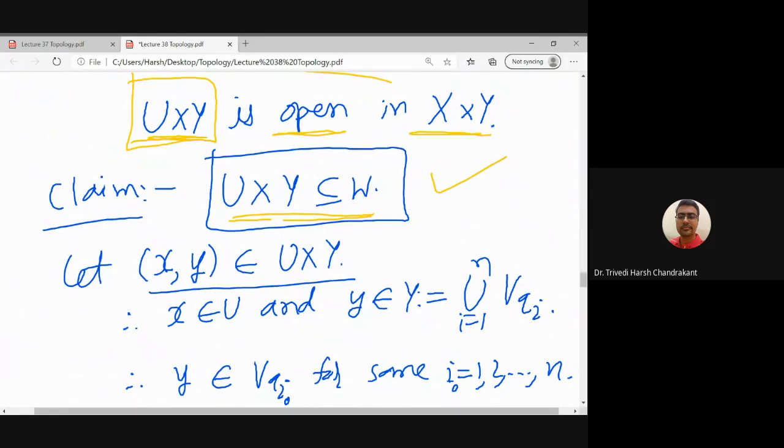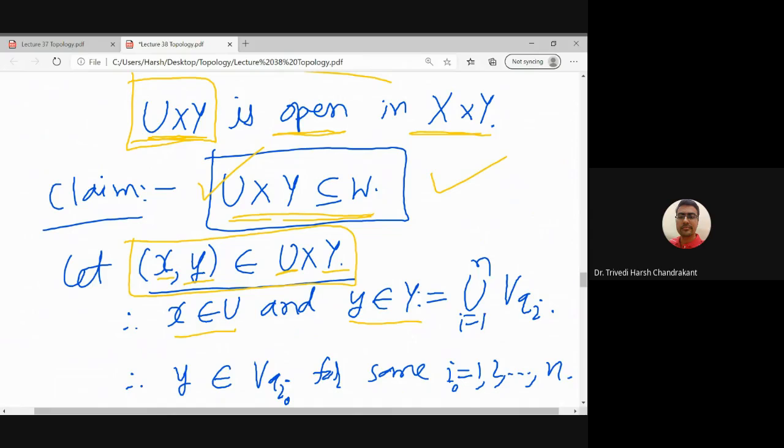And so basically we are proving one set is a subset of another set. So what we will show is every element of the first set belongs to the second set. If we want to prove A is a subset of B, then we will prove that every element of A belongs to B. So let us start with an element of the first set, (x, y) belongs to U cross Y. That will give us that x belongs to the first set and y belongs to the second set.